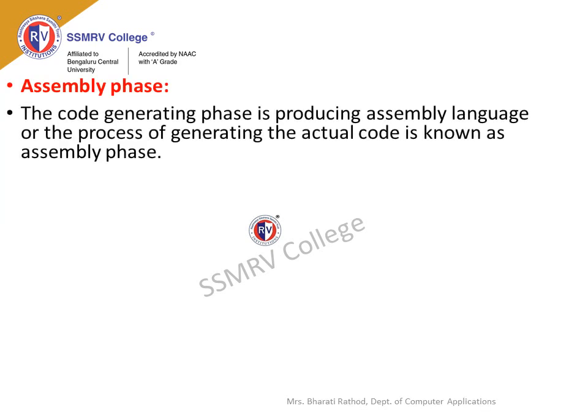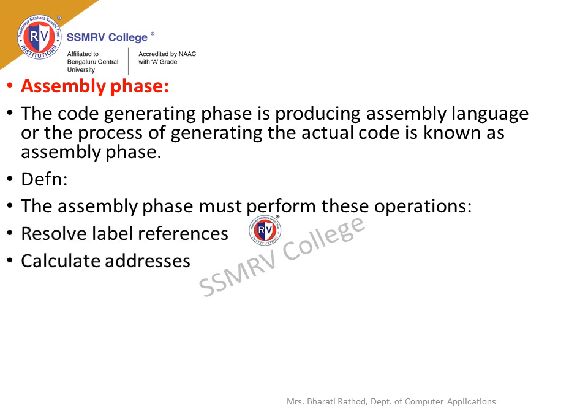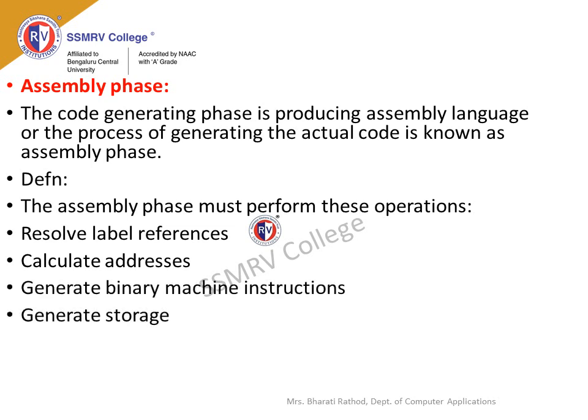The code generating phase produces assembly language, and the process of generating the actual code is known as the assembly phase. The assembly phase must perform these operations: resolve label references, calculate addresses, generate binary machine instructions, generate storage, convert.